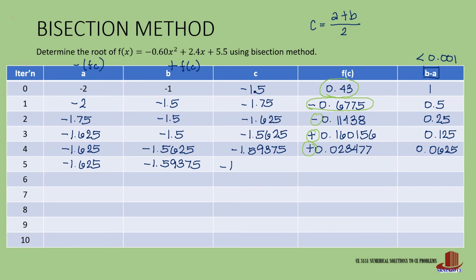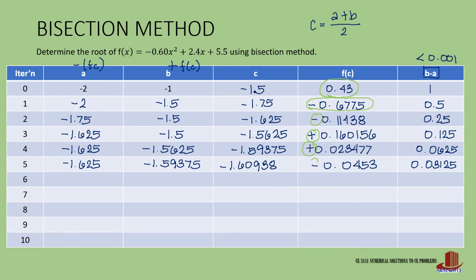It would be negative 1.60938. And with this value, we get f of c, which is negative 0.0453. b less a is 0.03125.